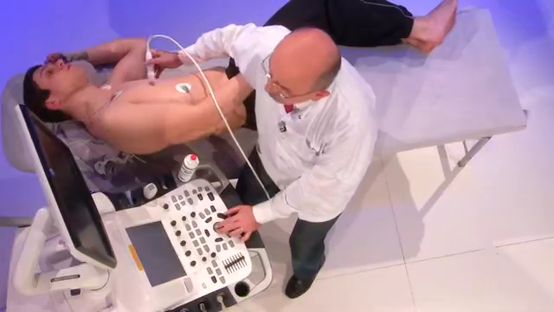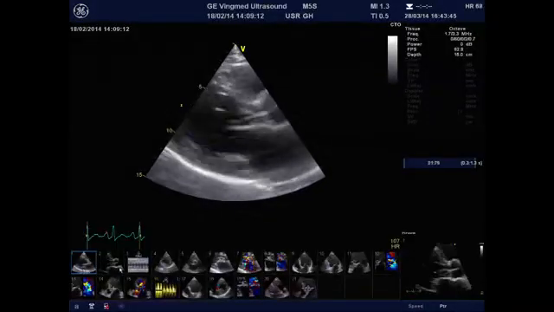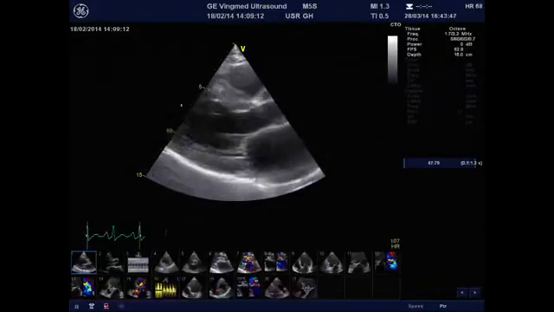So look at this case, and we will begin with a longitudinal parasternal view. And what we can see here already is that there is something wrong in the left ventricular outflow tract.